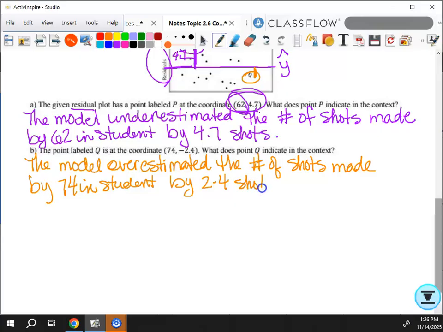And it's not a negative 2.4 shots. It's 2.4 shots. The negative is because it was an overestimation. Okay. Any questions about that? We all good? Beautiful.